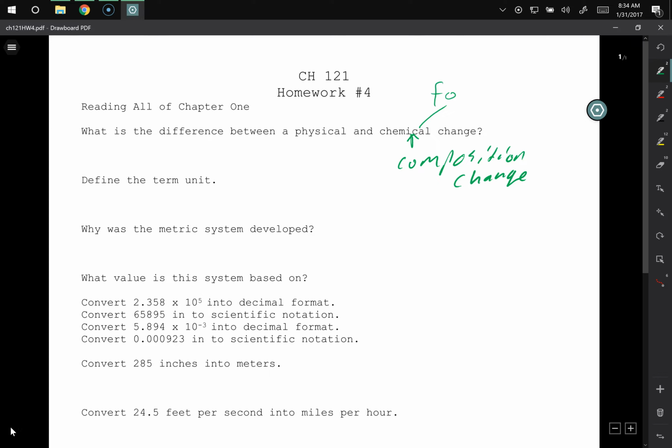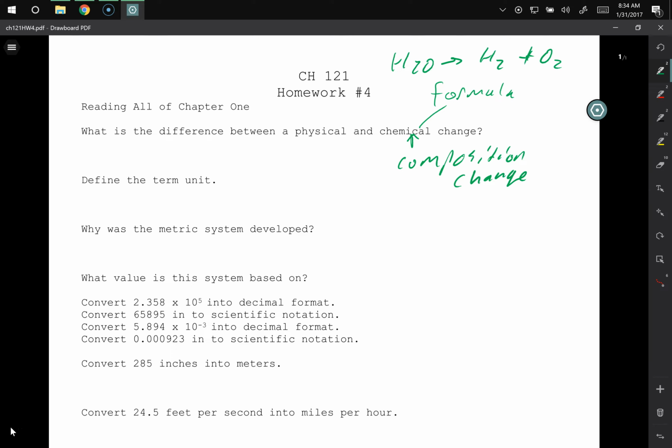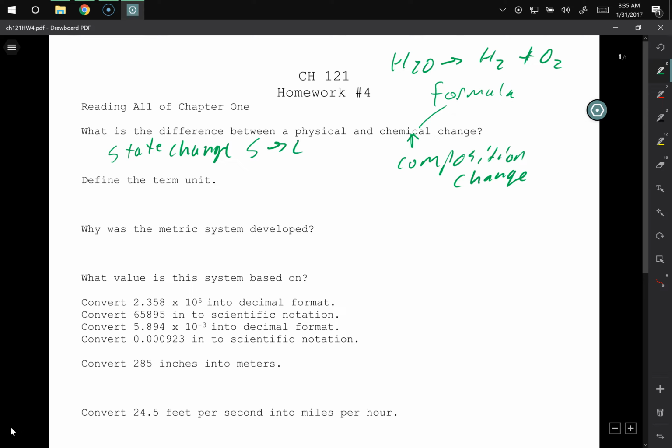Formula. So I get a change in the formula. So it goes from being like, I don't know, H2O to turning into hydrogens and oxygens. The actual chemical formula has changed. And the physical, just a change in state. Like a solid turning into a liquid kind of thing.